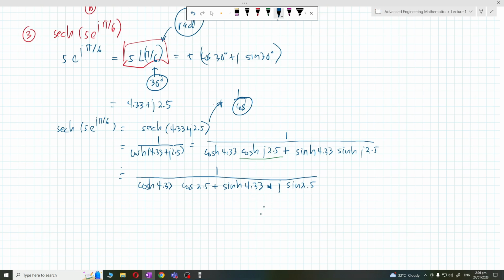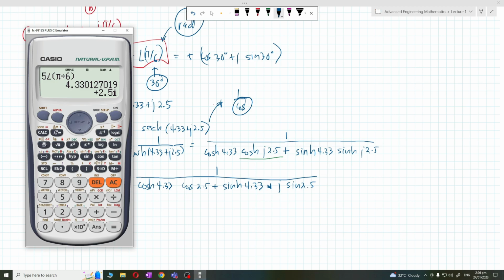Itong denominator, itong full expression, diretso na yung calculator guys. So 1 over hyperbolic cosine of 4.33, times cosine of 2.5, plus hyperbolic sine of 4.33, times j, sine of 2.5.